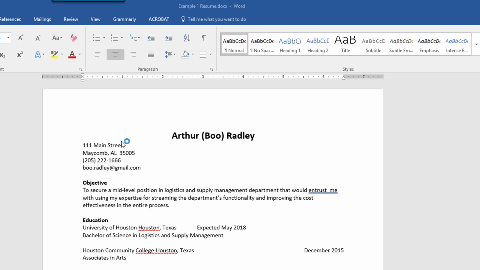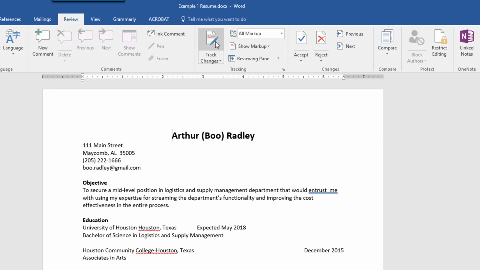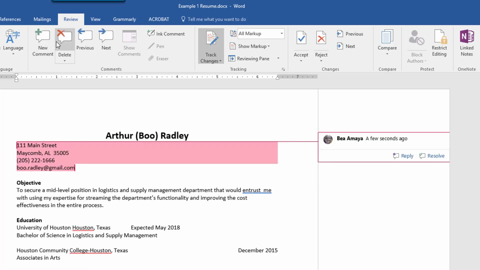Okay, the first thing I'm going to do here is go up and turn on the review pane and track changes. I also want to be able to add commenting. So the first thing I'm going to do is add a comment about this. The fact is, this is all lined up on the side. It just takes up too much room in the length of the page, but it's all shoved over in one location.